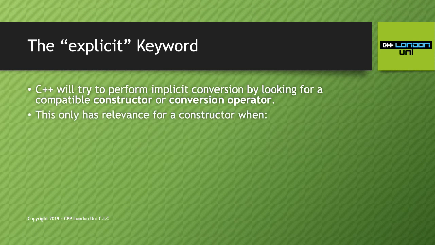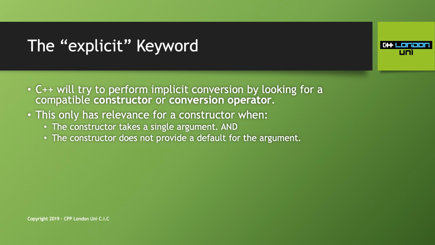But it is only relevant for a constructor when the constructor takes one argument, because obviously if it took more than one argument, and I call the function with one parameter, that is a single argument. If a function takes multiple arguments, it can't consider all of those parameters as an implicit conversion for one class. You can only consider one parameter per class per conversion.